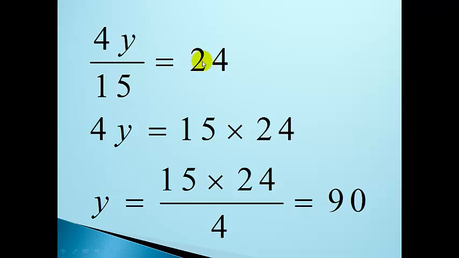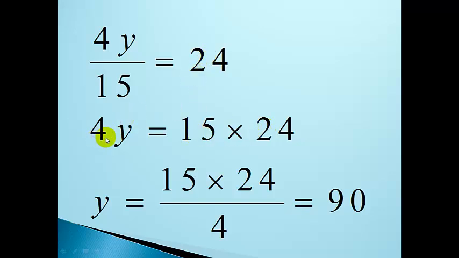Now we are going to cross multiply. 24 on the right hand side is the same as 24 divided by 1, so the denominator is 1. If you cross multiply, the denominator 1 multiplies 4y, and 4y times 1 is equal to 4y. This is equal to 15 times 24.